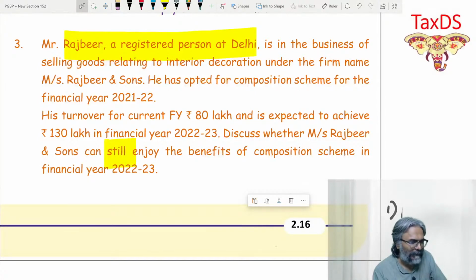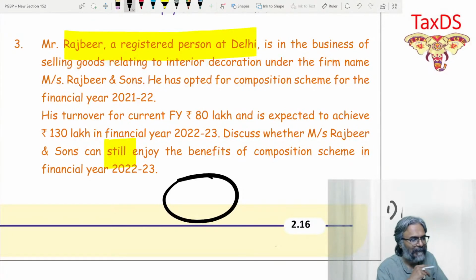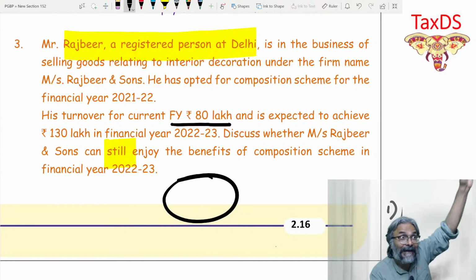Kavita, Aishwarya, Tulsi. And in this case, the answer is 0. That is the catch, because this turnover you're talking about is of the individual.